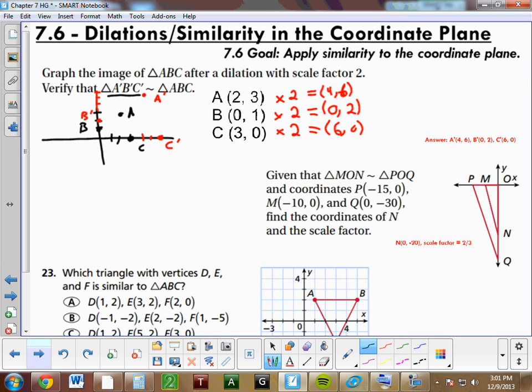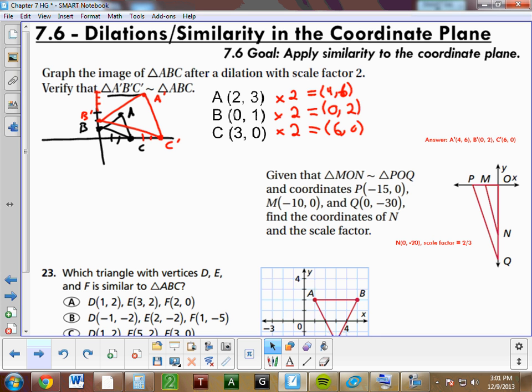So connecting those and showing the two triangles, it's not the neatest thing in the world, but it works. So you can see that one is twice as big as the other one. It said graph the image and then verify that they're similar. So I did graph the image after that dilation.